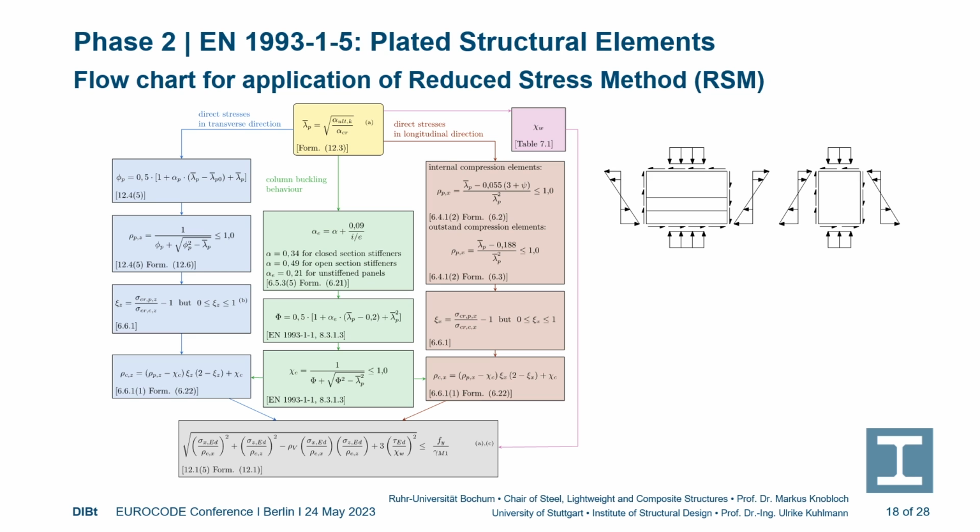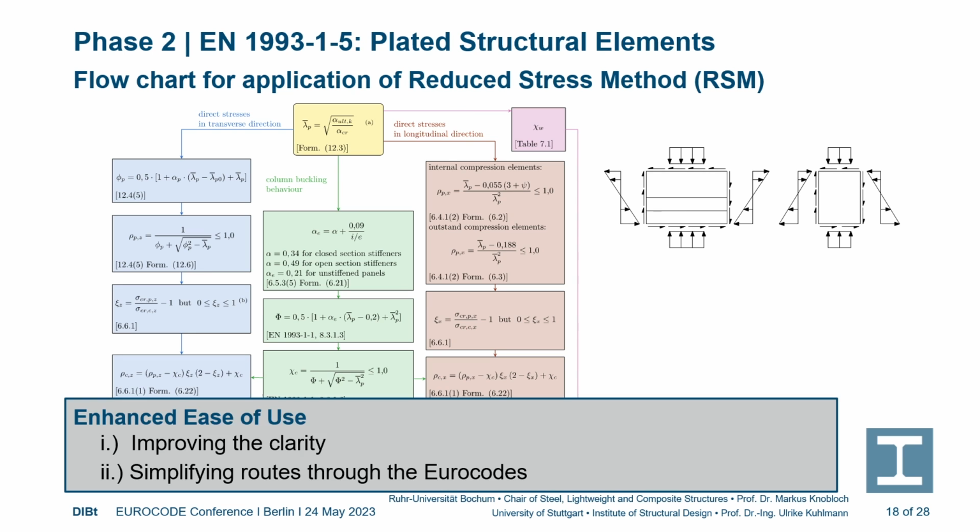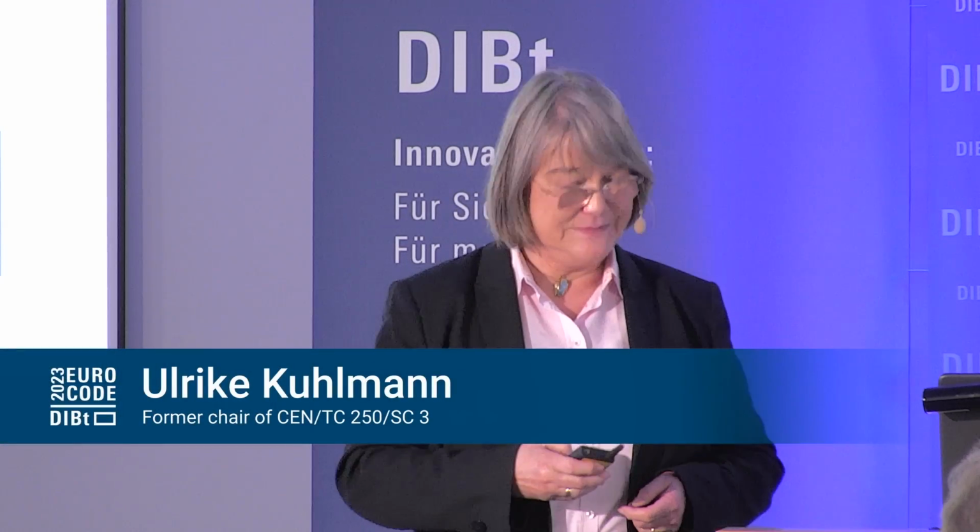So what we did here is to have a complete restructure of this chapter, of this section, following also a flowchart, as you can see here. And I think this is, of course, an enhanced ease of use and should allow also non-German speaking users to apply this method.